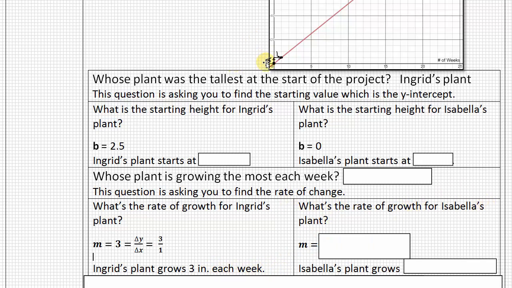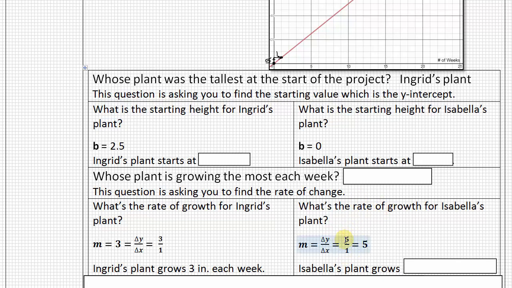The rate of growth that we found for Isabella's, when we said, well, it was increasing, the change in y was 5, and the change in x was 1. So we fill that in, we simplify that, and we get 5. You might have gotten, if you used different points spread further apart, for example, we could have used the starting value and then this point right here, we would have said, oh, well, it goes up 20 and over 4.